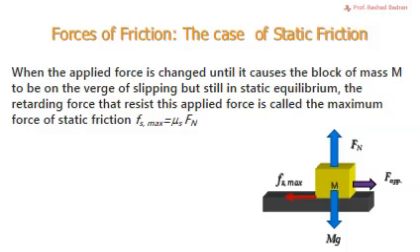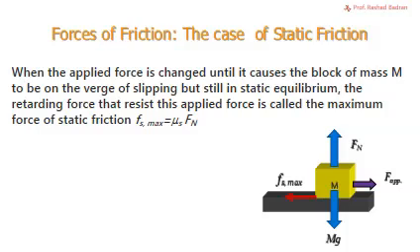Then we keep changing the applied force, and we'll find that the static force of friction also prevents the block from moving, because the applied force still is not overcoming the static force of friction.